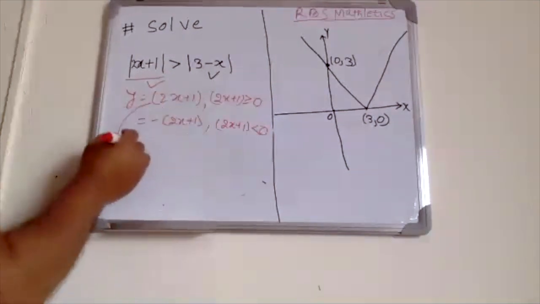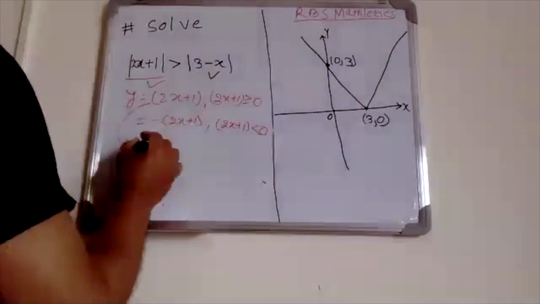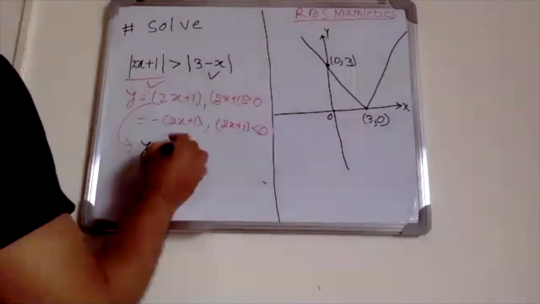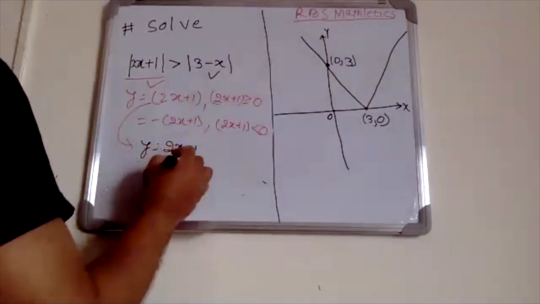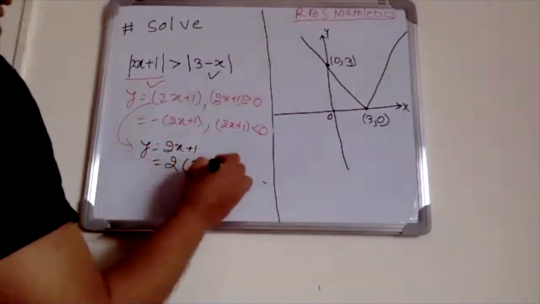Now if I take this, I have y equals 2x plus 1, and taking 2 common, it becomes x plus half.